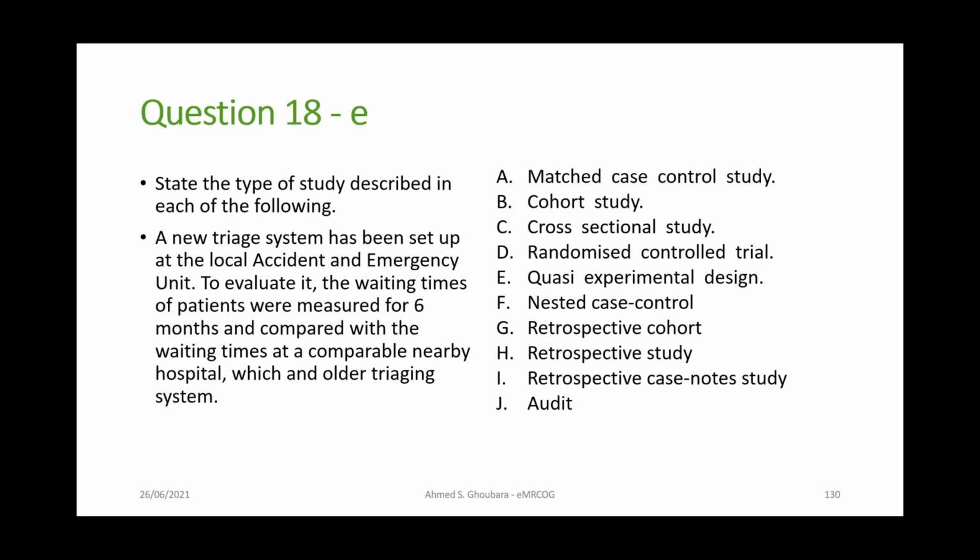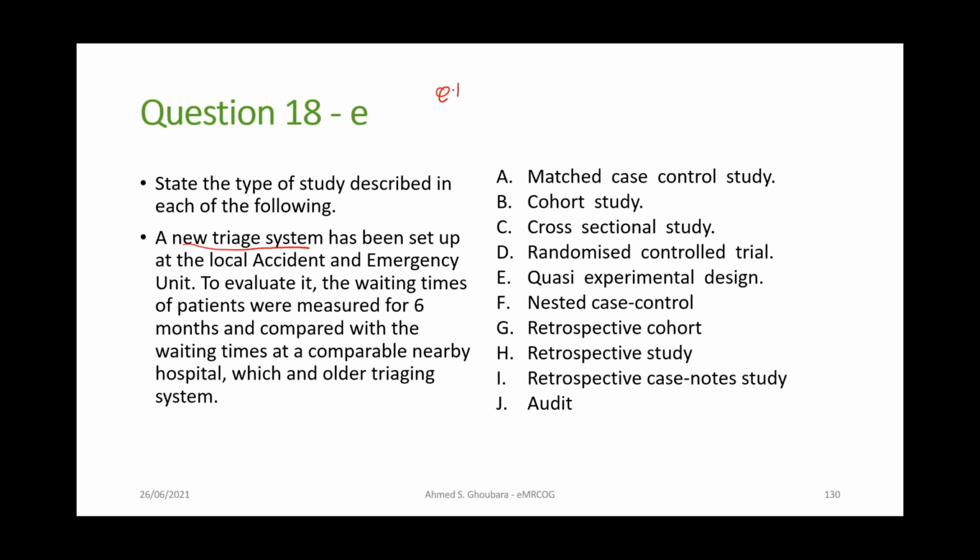I do have advice for you, guys. I know this question; I actually spent some time thinking about it. I didn't get it just like this. Could you please follow my advice? If you see some confusing words, something that we're not used to saying in the research field, replace the confusing words with a much simpler example. Like here, the exposure is the new triage system.